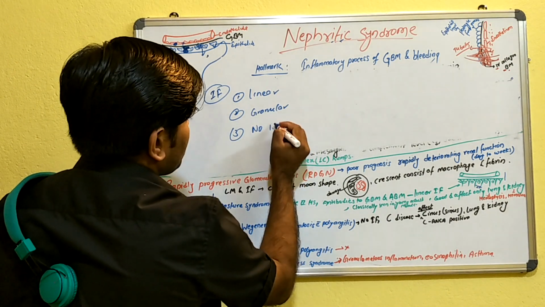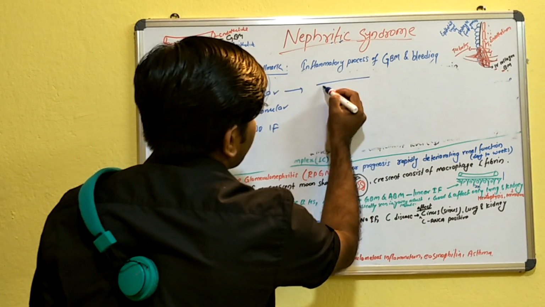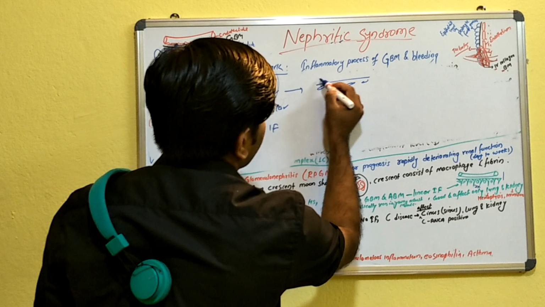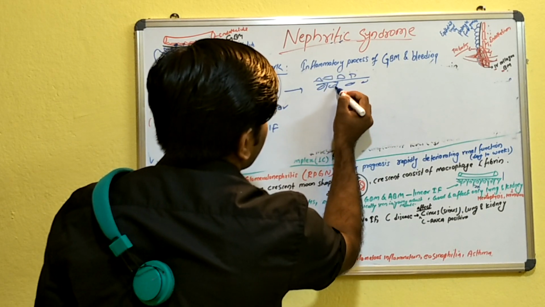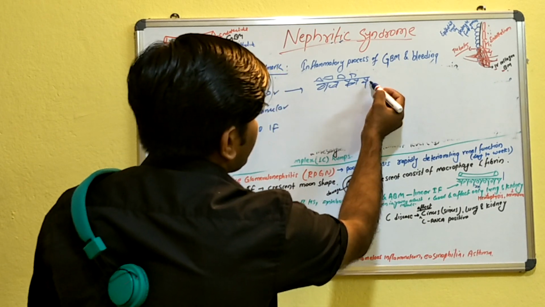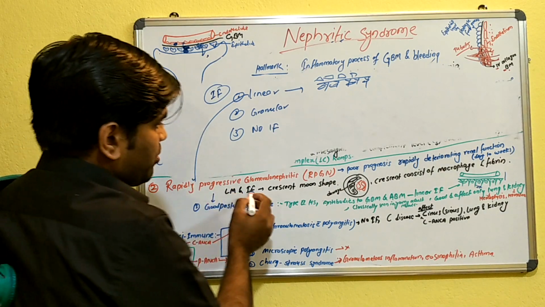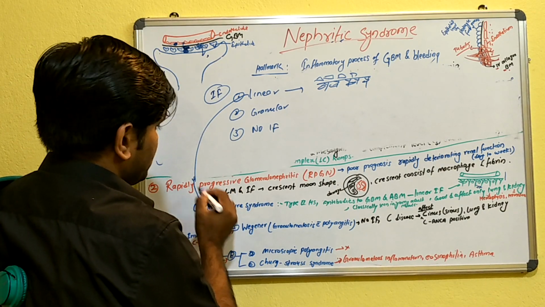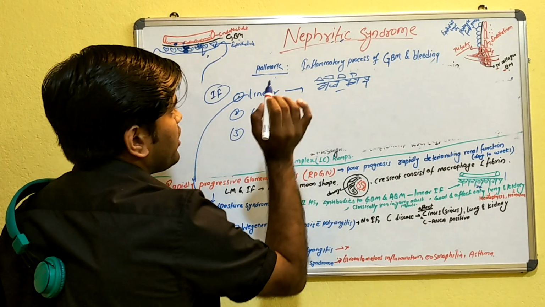Now linear, I have talked about it: this is the glomerular basement membrane, there is an epithelial layer, there is an endothelial layer, these 3 layers are there. If there is antibody against your glomerular basement membrane, then that is a finding of your rapidly progressive glomerulonephritis and mainly Goodpasture syndrome. We'll talk about it. Now this is the finding of your linear immunofluorescence.